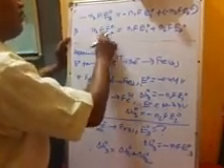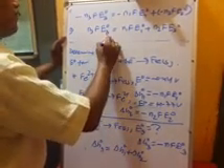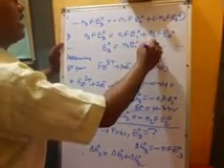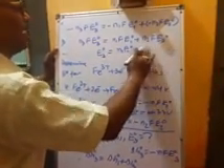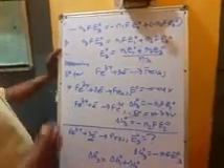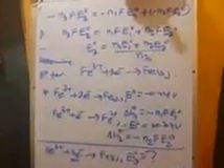Here F is common, so F can be cancelled, and E3° = (n1E1° + n2E2°)/n3. So this is a general expression for all such types of reactions.